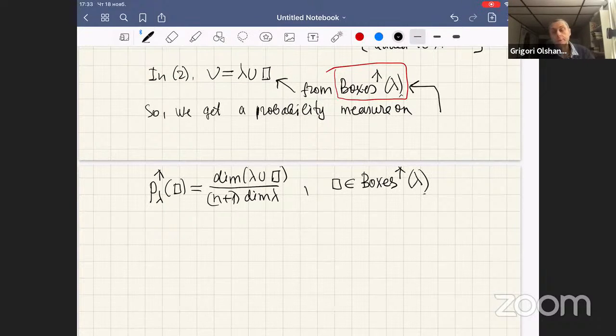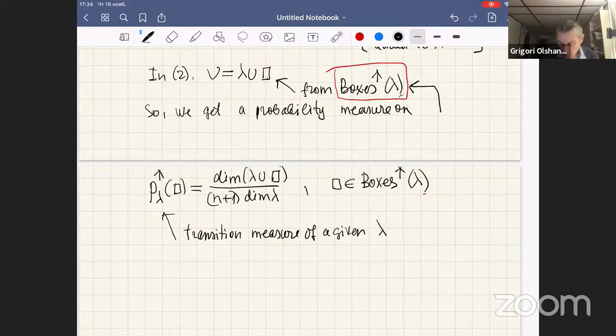So we get a probability measure. It's called the transition measure of a given Young diagram lambda.